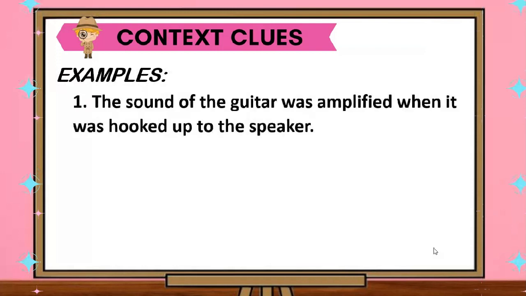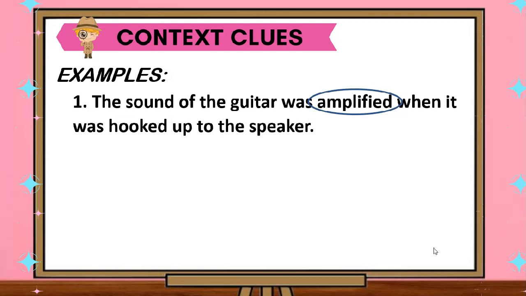The sound of the guitar was amplified when it was hooked up to the speaker. What word in the sentence is unfamiliar to you? Amplified. In order to figure out the meaning of the unfamiliar word amplified, you must find a hint or a clue from the words in the sentence that surround the unknown word.